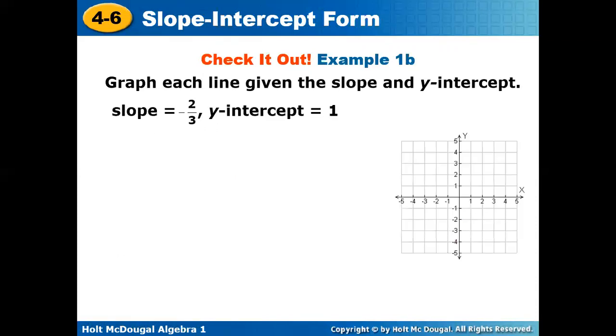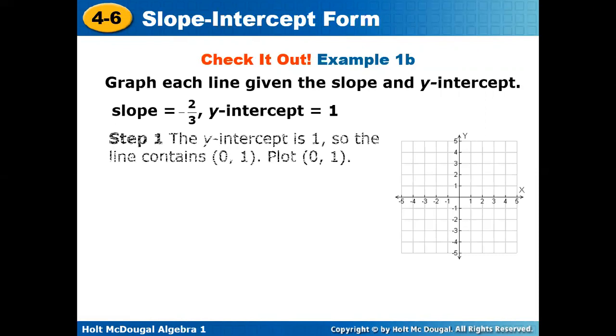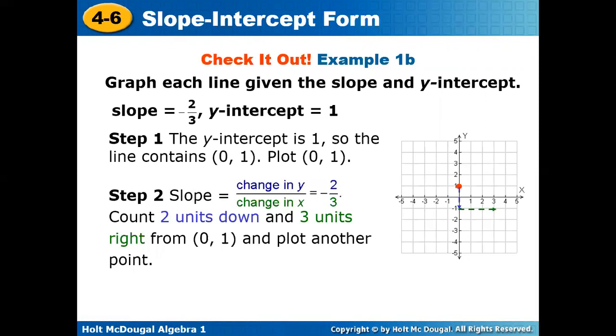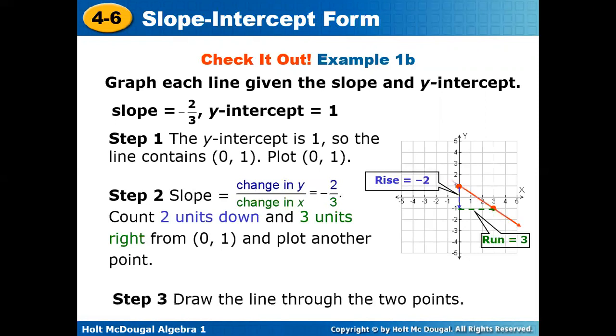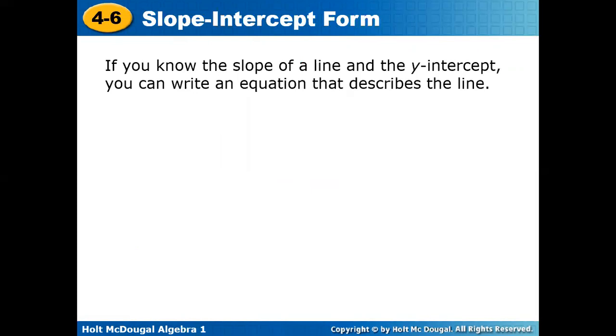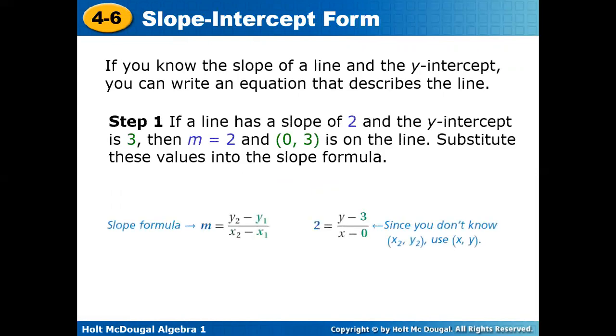Now, check it out, second one, which is this line. If you know the slope of a line and the y-intercept, you can write an equation that describes the line. We explained this before, okay?